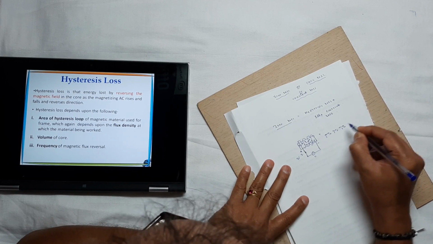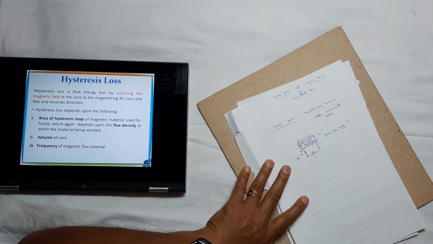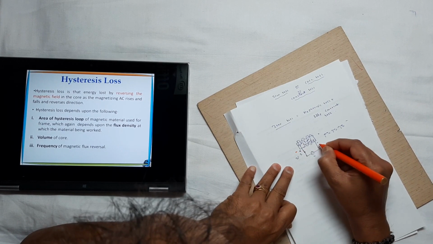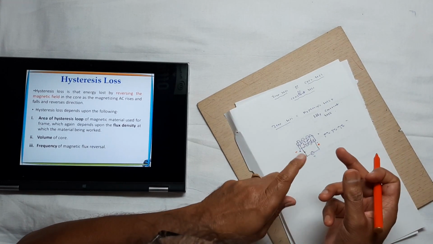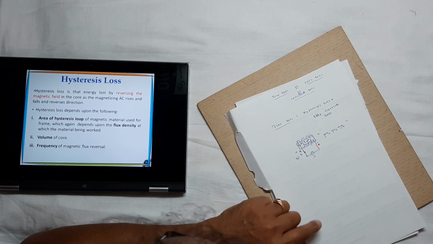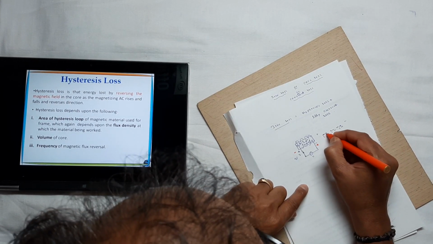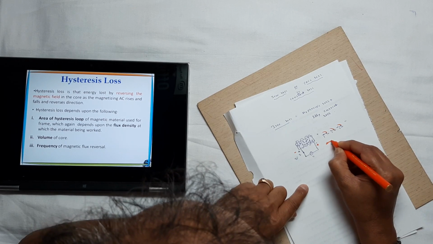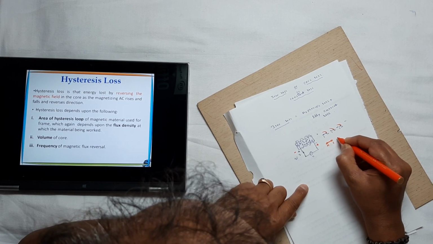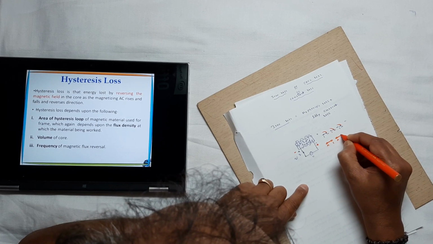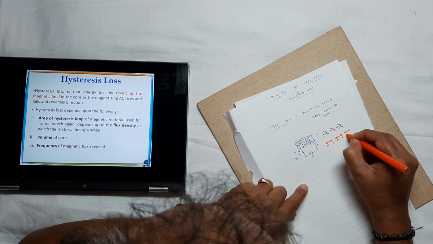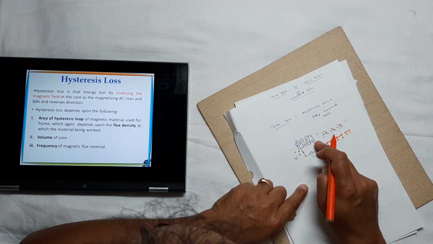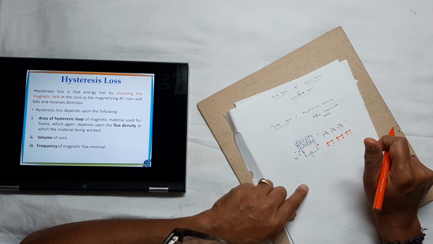When this is positive, then this is negative. In the next half cycle, this becomes negative and this becomes positive. Suddenly these dipoles change their direction, so it becomes S, N, S, N, and so on. In the next half cycle, once again this becomes positive and this becomes negative, and once again they change direction.